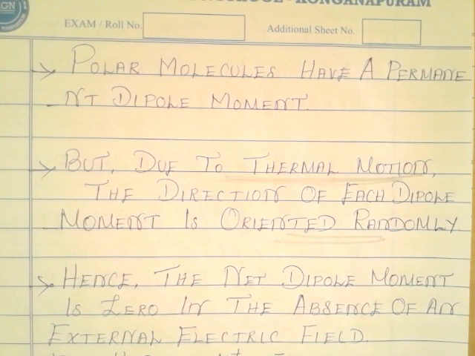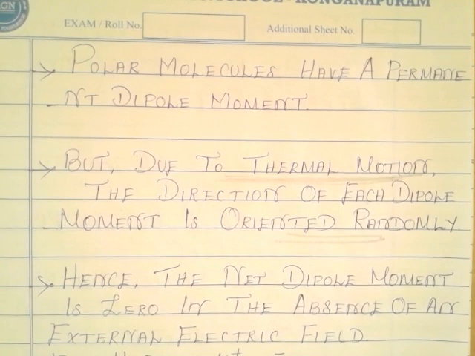Indefinite directions. In non-polar molecules, the centers of positive and negative charges coincide with each other, so the equal and opposite point charges do not act like an electric dipole, and they do not have a permanent dipole moment.